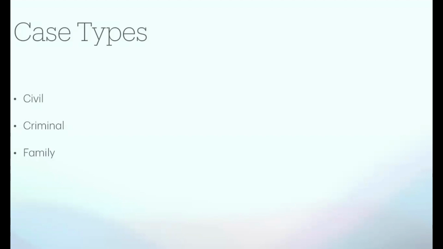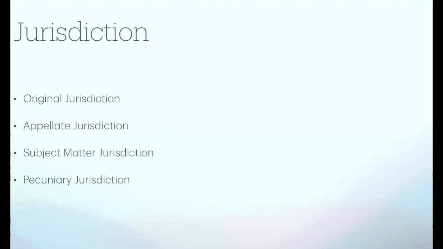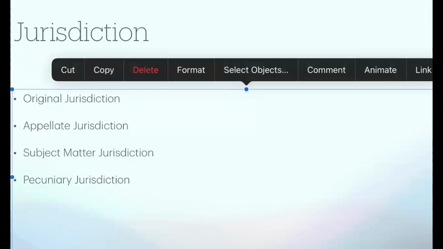Okay. Coming to jurisdiction, it is very, very important. We have 5 types of jurisdictions: original jurisdiction, appellate jurisdiction, subject matter jurisdiction, pecuniary jurisdiction, and territorial jurisdiction.